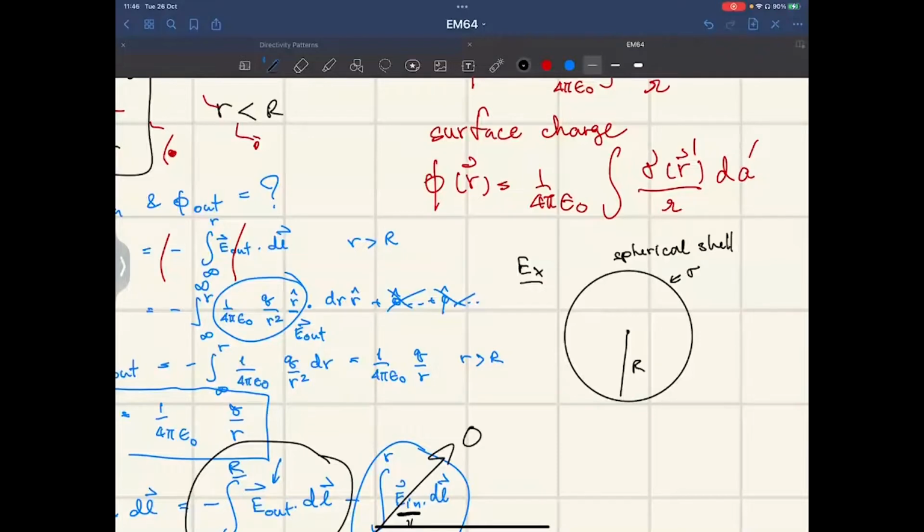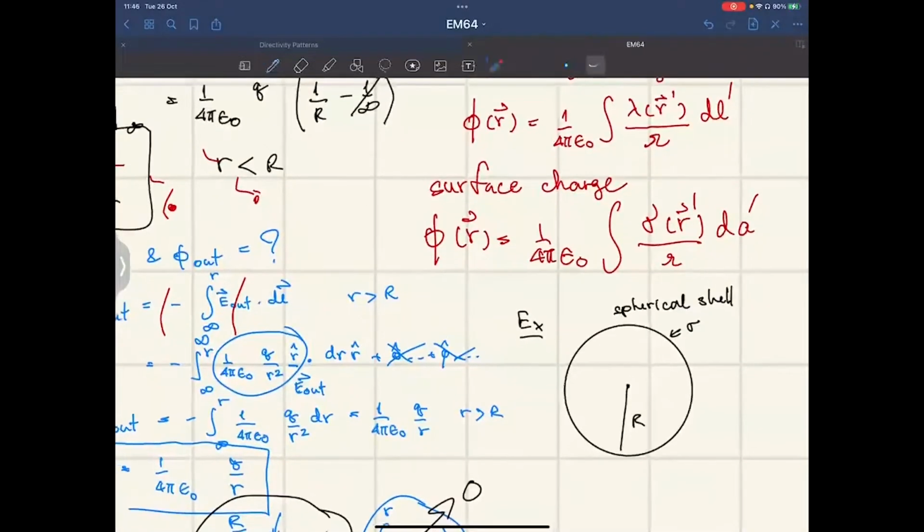Okay, now we're going to use this. We are not going to use phi equal to what we used in the last example. We use this relation, the definition of potential, right? We know that the potential difference equals minus the integral of E dot dl. We used this previously.